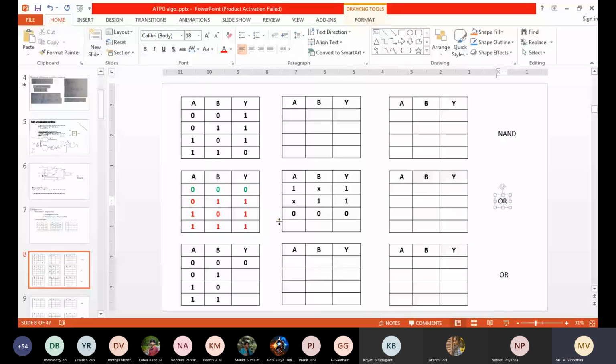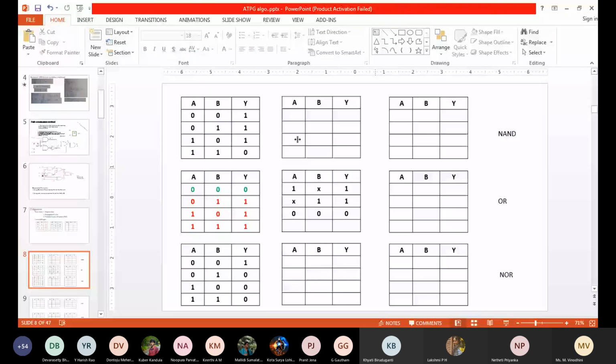Yes, ma'am. Okay, this is NOR. Do it for NAND and NOR. Okay, NAND and NOR. So this is one group. This is one group.